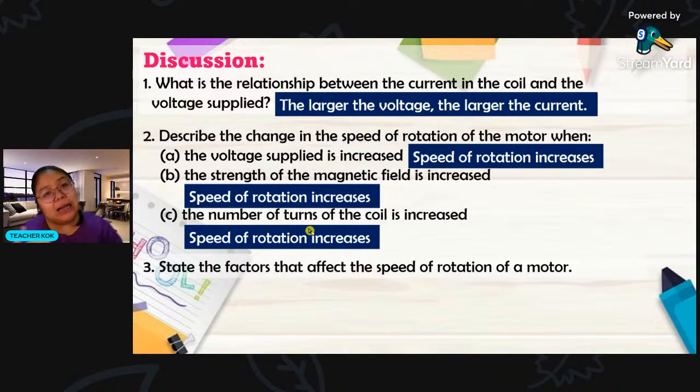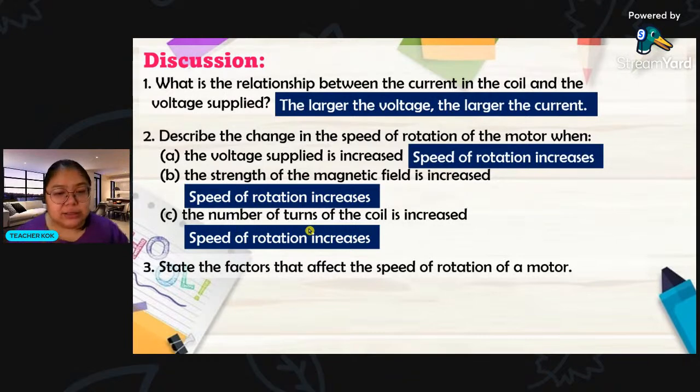We can say they cut, because they are perpendicular. When the coil rotates, it cuts the magnetic field. The permanent magnet has a magnetic field, and the current also has a magnetic field. When they interact, they cut each other at 90 degrees. With more turns, they cut more frequently. When they cut more frequently, they produce a stronger force. So finally, the coil can rotate faster.